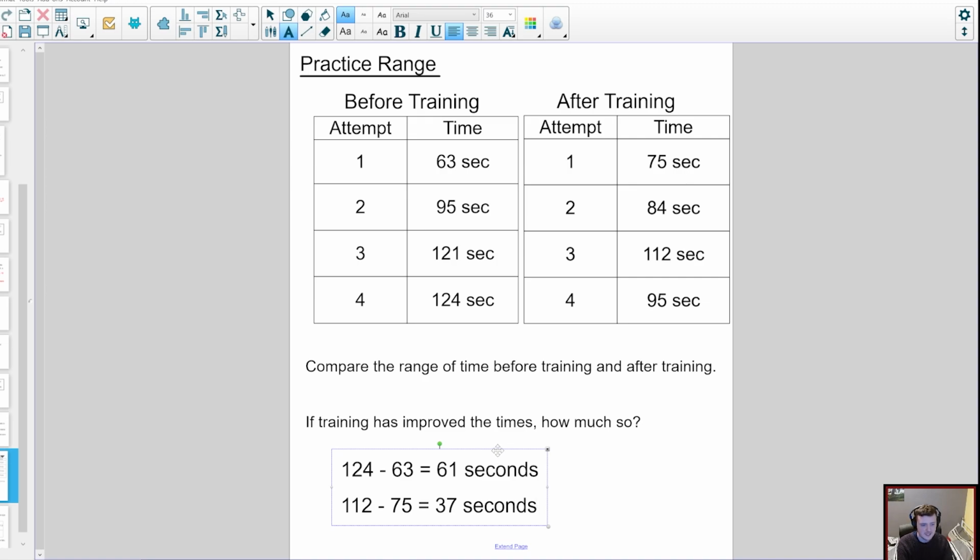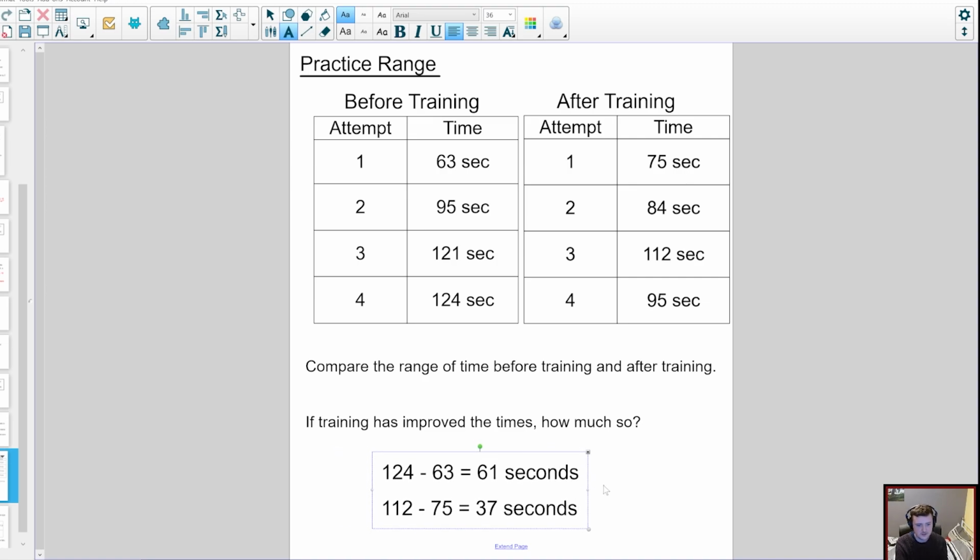And so we can see here that our training has made a big difference to our consistency because we are not only more consistent, but it's more predictable. It doesn't mean that we're always faster. For example, here on attempt 1, we were actually slower than we were before. But on average, we've actually improved our consistency of times.